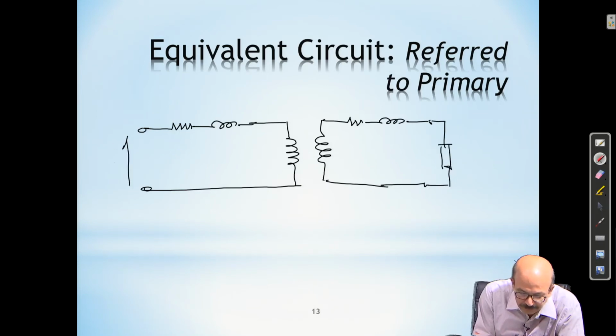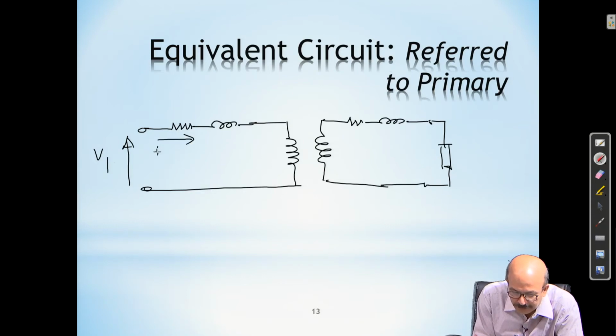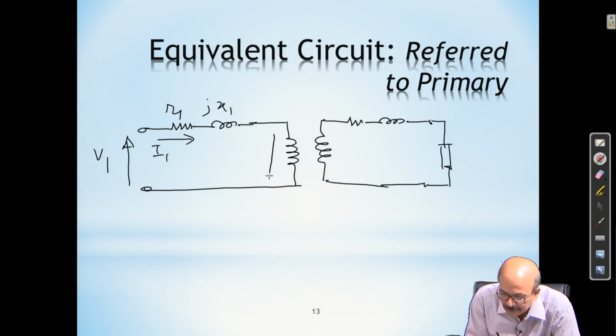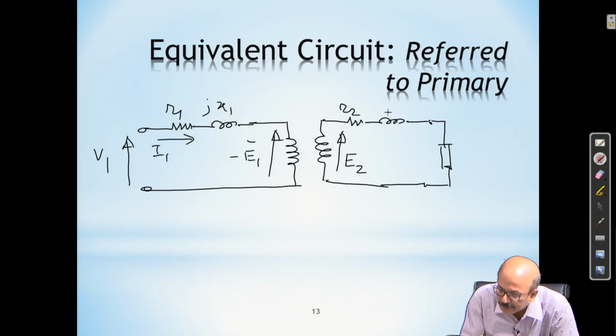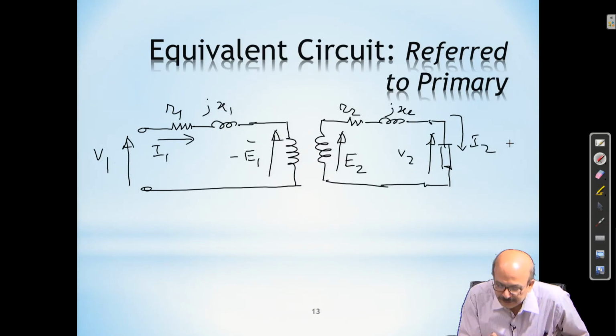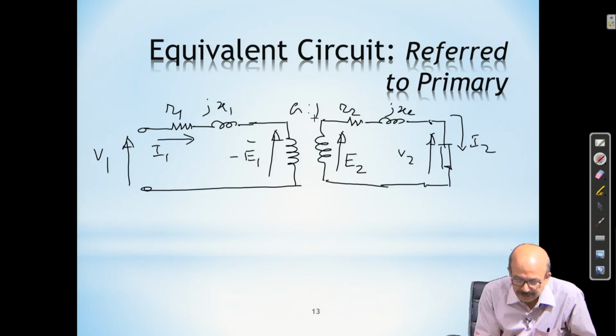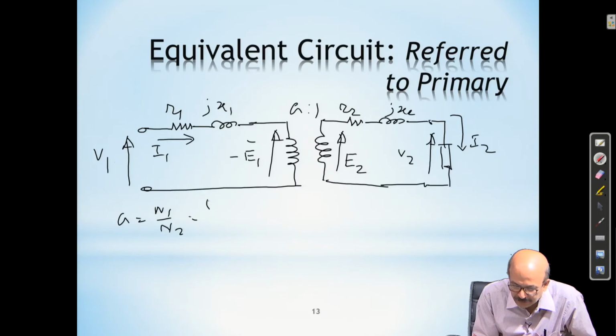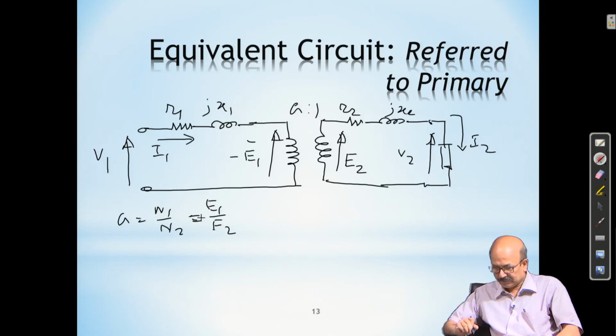This side we have V1, this side of course I1, this is R1 as usual, this is jX1, this side we have, as per our convention, minus of V1, this is E2, this is R2, this is jX2, this is V2, and this is I2. And this is a is to 1, where a is N1 by N2, a is E1 by E2, we all know that. So, a is to 1.